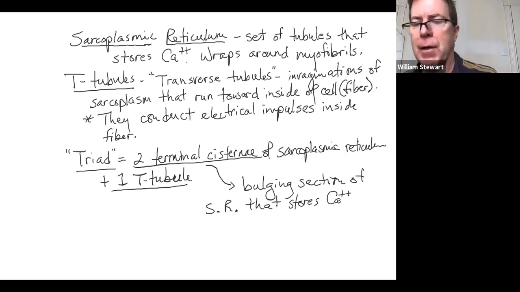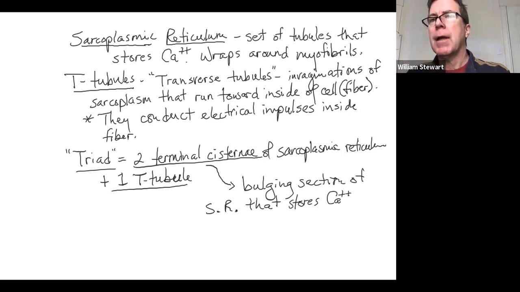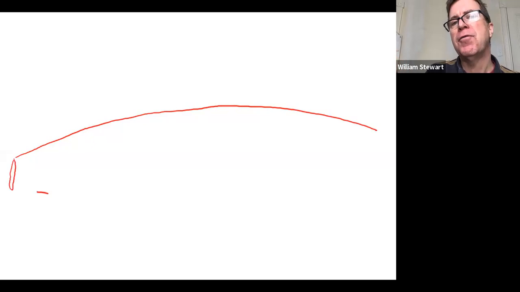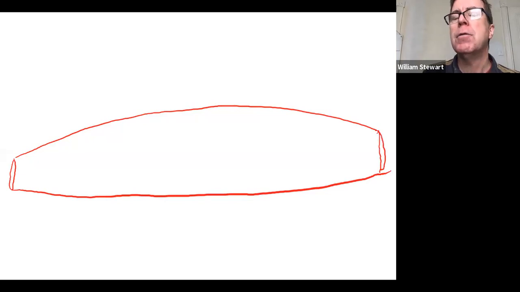Now, in order to wrap your head around all these crazy terms that we've defined, I'm going to draw the inside of a muscle fiber cell and try to relate to you what's going on with these structures. I'm going to exaggerate how thick it is so that we can fit all these things in here. A muscle fiber, or an individual cell, is long and cylindrical, and it has two ends.